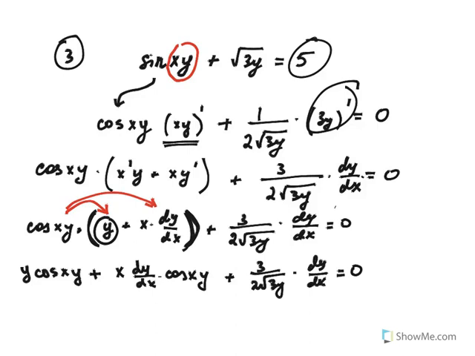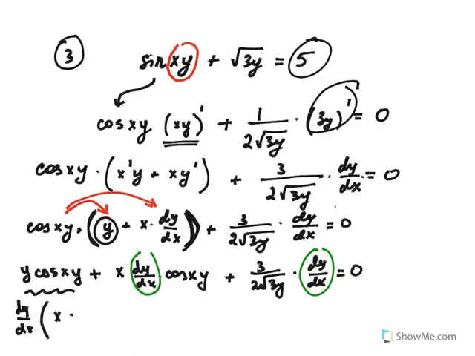Now you see we have dy/dx here, we have dy/dx here. So we can actually factor out, but this guy right here, we can get rid of it by subtracting y cosine xy from both sides. So we're going to get dy/dx by itself. We're going to factor out, we just pulled it out.